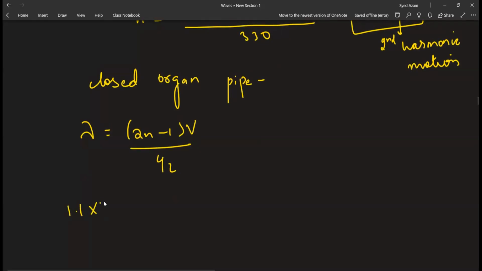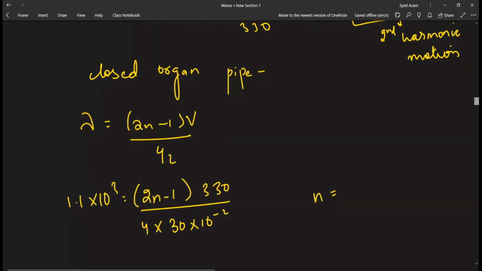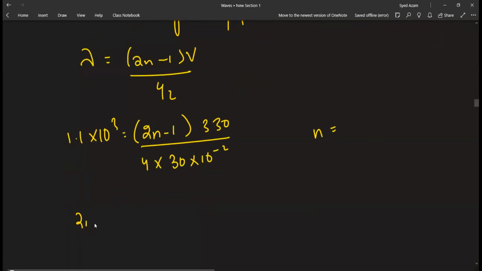This will be 1.1 into 10 to the power 3 equal to (2n minus 1), which will remain as it is, into 330 divided by 4 into 30 into 10 to the power minus 2. When you calculate, you'll be left with 2n minus 1 is equal to 4. So your 2n will be equal to 5, means n is equal to 2.5.